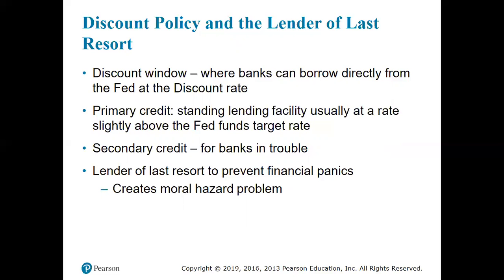Now that, as I said, serves as the ceiling for the Fed funds rate, but generally they want the banks borrowing from each other, and generally the Fed funds rate is going to be below the discount rate. So rather than borrowing from the Fed, banks are normally borrowing just from each other, the Fed funds market, and other participants, some non-banks, which we already discussed.